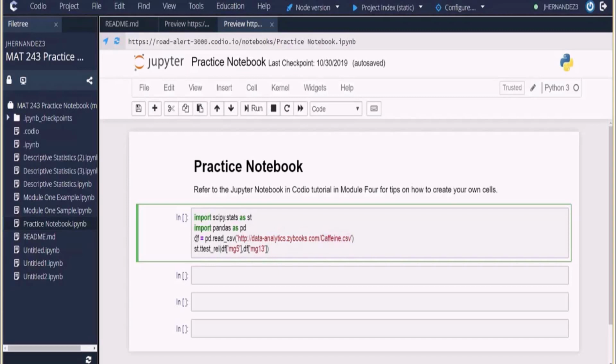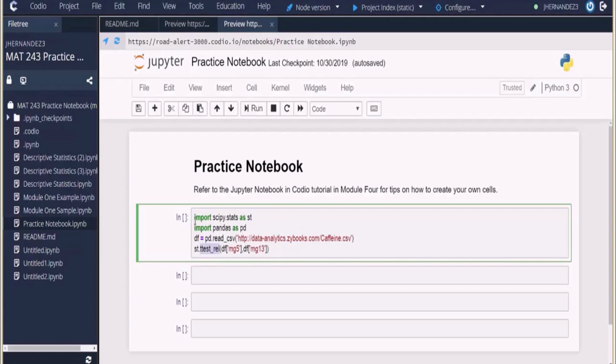So we import that into a data frame, and then the two columns that we're interested in are called mg5 for the 5 milligram dosage, and then the 13 milligram dosage is mg13. We'll use the ttest_rel method from the scipy.stats submodule. That is what performs the paired t-test.